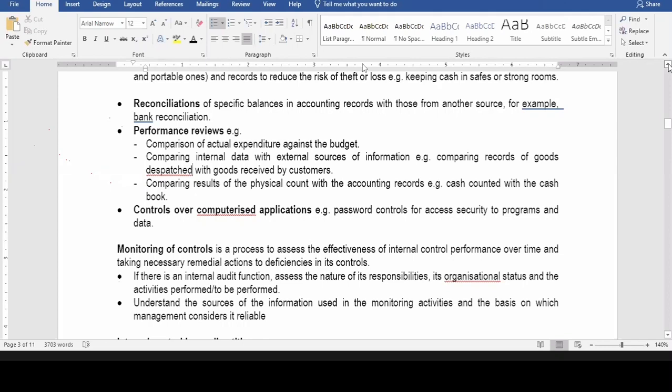So we assess the system and correct the system where things have gone wrong. The system may become less effective. Management does this, but management is assisted by internal audit. Internal audit plays a key role.